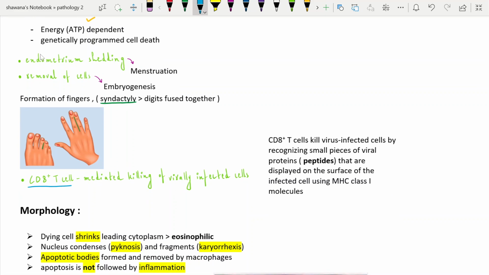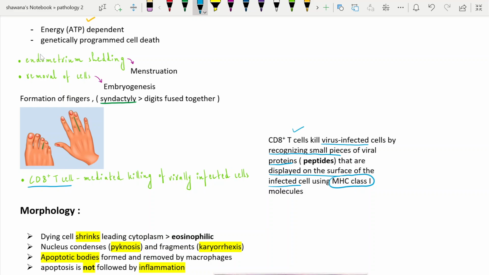How does this process occur? First of all, CD8 positive T cells kill the virus infected cell by recognizing small pieces of viral proteins or viral peptides, which are displayed on the surface of the infected cells using MHC class 1 molecules. What are MHC class 1 molecules?